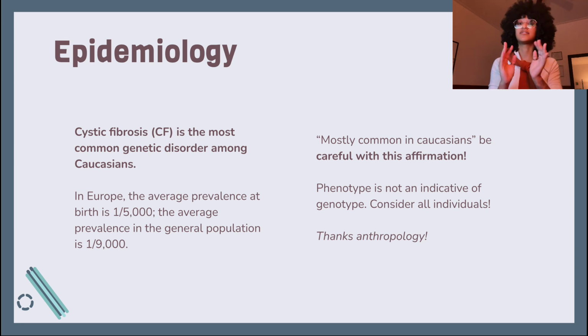Most of the time it is not. We have the environment playing some impact as well, and a phenotypically Black person can also have cystic fibrosis and so on. So I don't want to make this affirmation in my presentation.